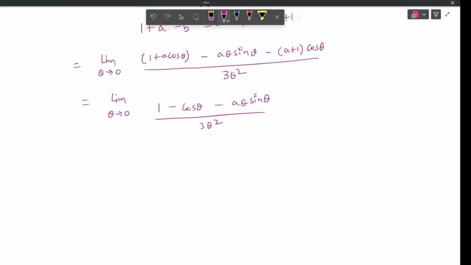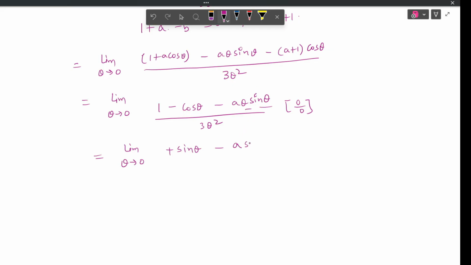We put theta 0, it will be 1 minus 1, 0, this is 0, so again 0 by 0 form. So this will be limit theta tends to 0, differentiation of 1 is 0, differentiation of cosine theta is minus sin theta, so it will be plus sin theta, and minus a, and you have to apply u into v rule.